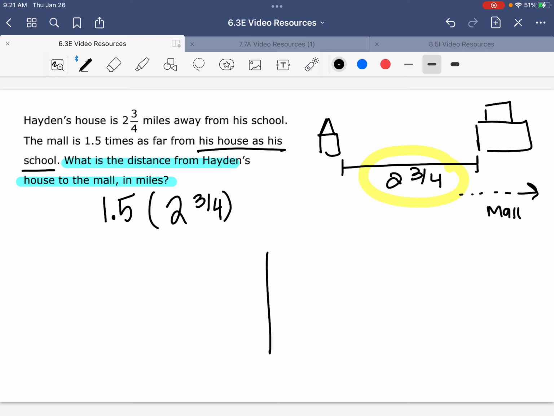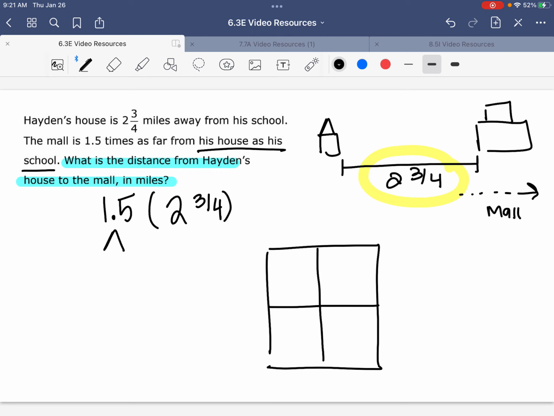So I'm going to draw my area model over here, and I'm going to break it up into 2 by 2. My first factor will go on the top, and since that is 1 5/10, I know that that is 1 1/2. So I have 1 1/2 up top. And then on the other side, I have 2 wholes and 3/4, so 2 3/4.